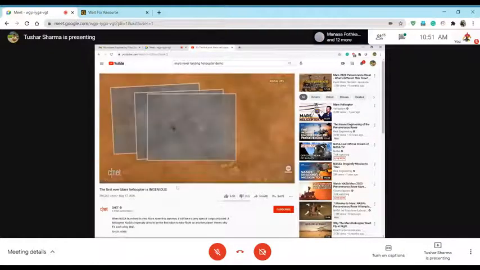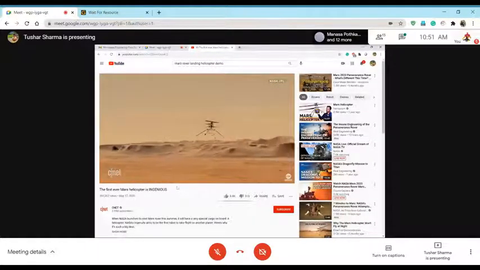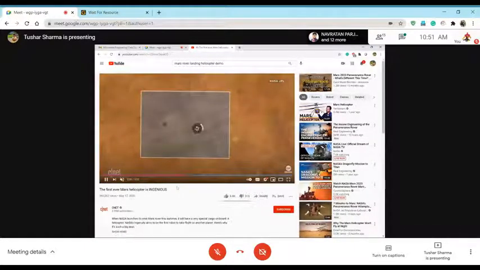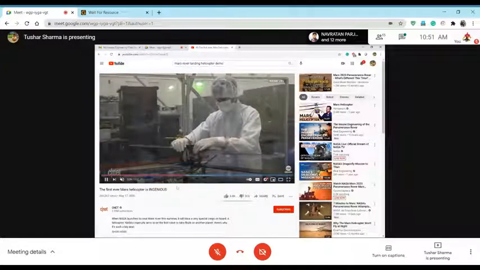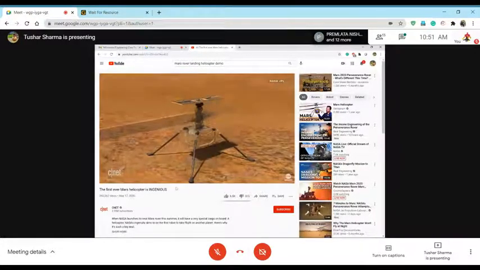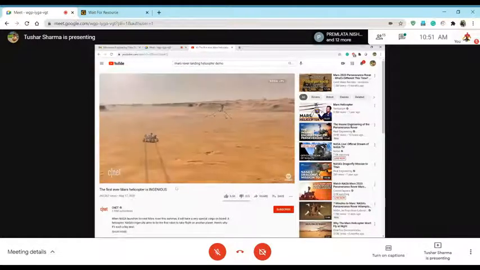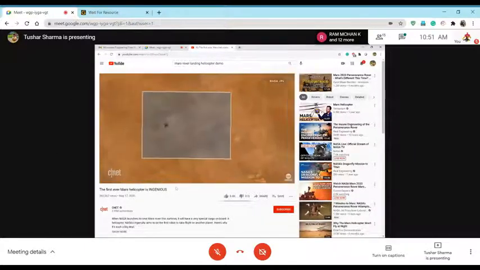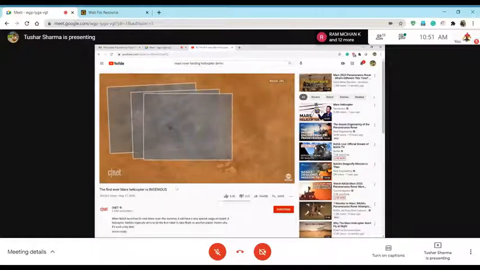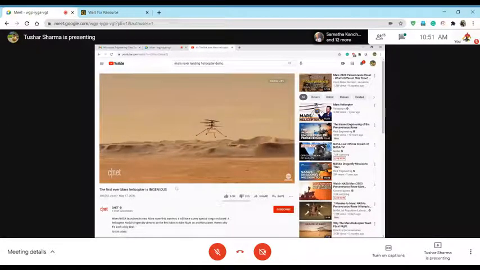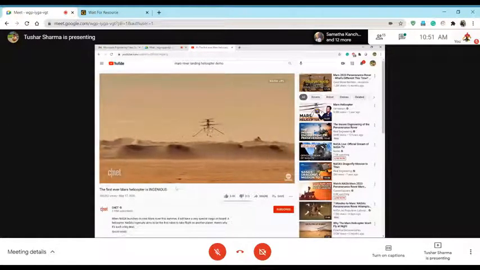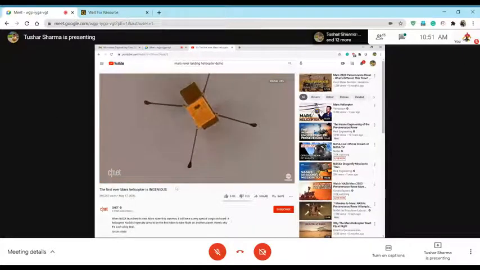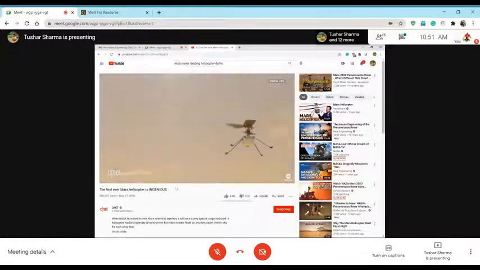Once the rover lands, once the payload drops on Mars, then this lands, and it actually flies in the Martian atmosphere, clicks pictures, and monitors the rover, and then launches the rover at a specific location.